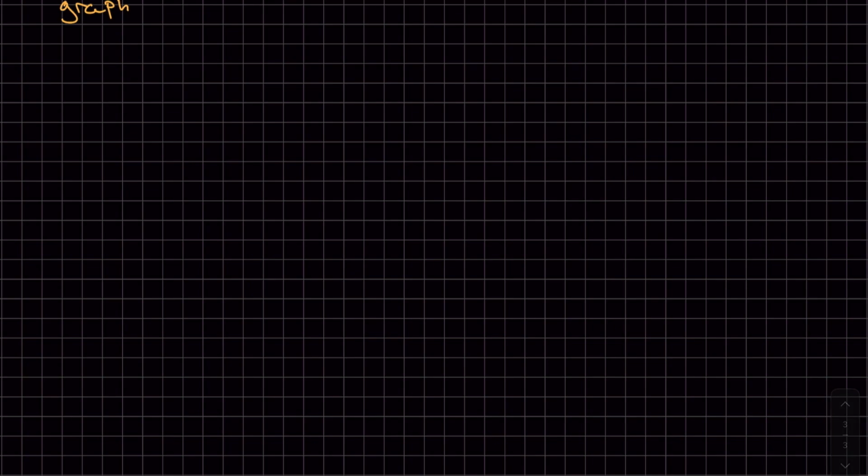So let's take a look at some examples and see whether or not they are continuous. We have a graph of like sine, whatever. That's not perfect, but it doesn't really matter.